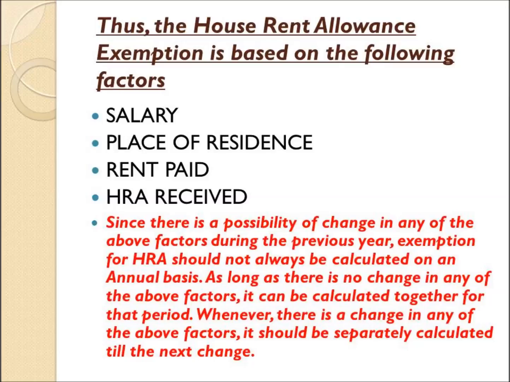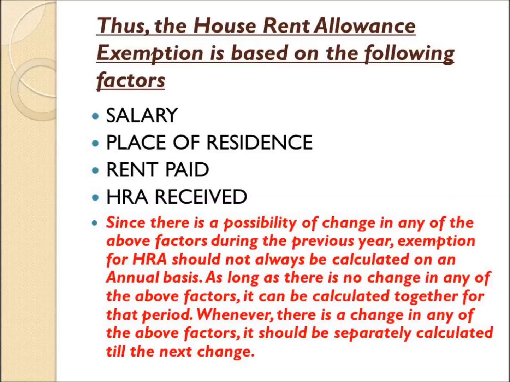Number one was rent paid minus 10% of the salary, and number two was 50% of the salary in case of metros and 40% of the salary in case of other cities. So the salary part plays a very important role in determining the HRA exemption.